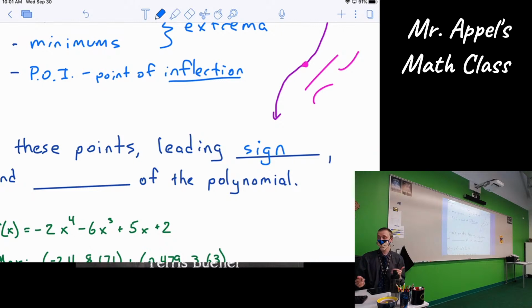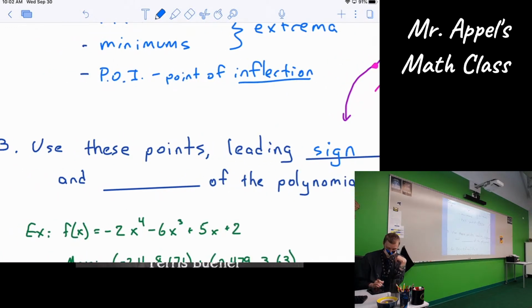So whether the function starts off positive or negative, leading, of course, referring to the first term, if it's in standard form, the term with the highest power. And speaking of power, we want to know the overall power of the polynomial. And that will let us know how many points we need to find, how many sections of increasing and decreasing there will be.